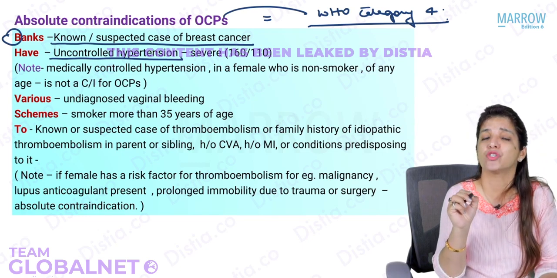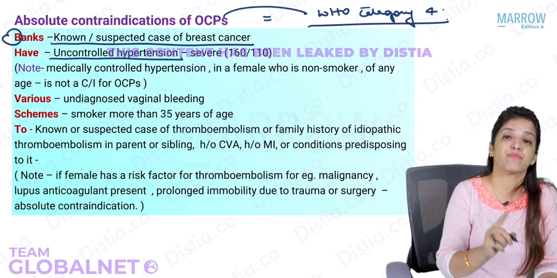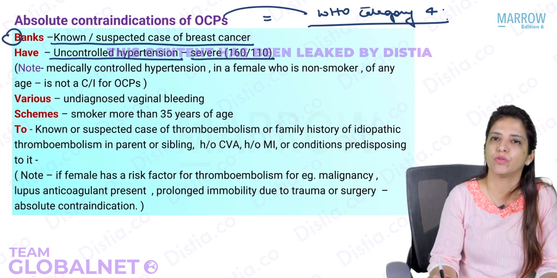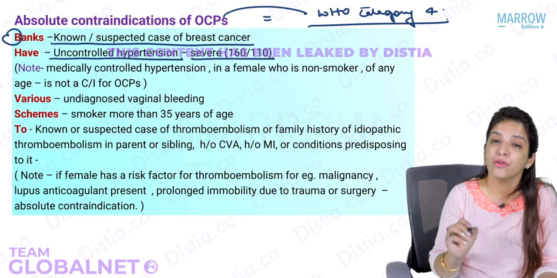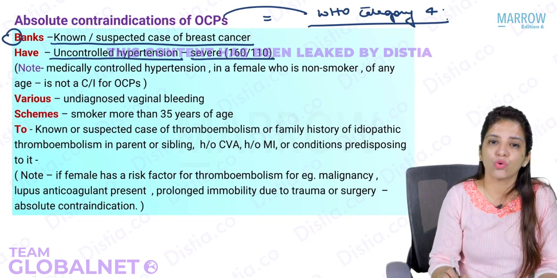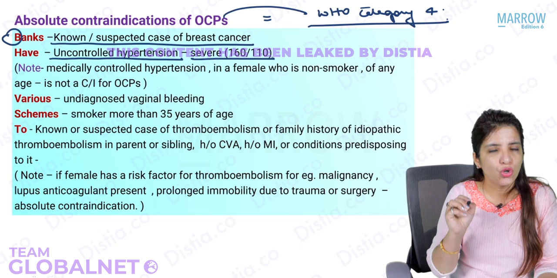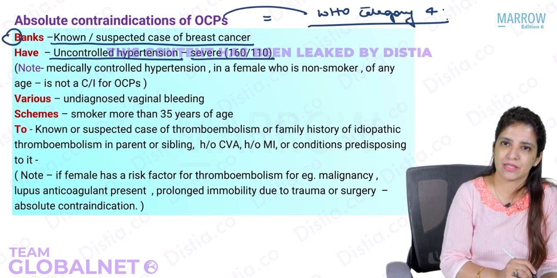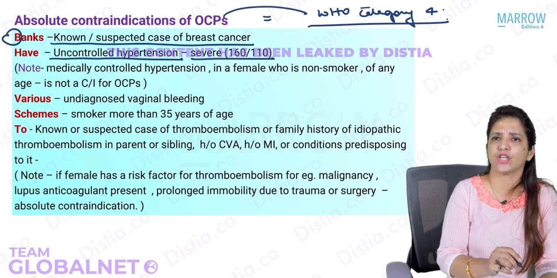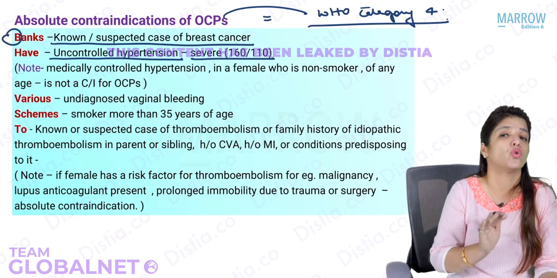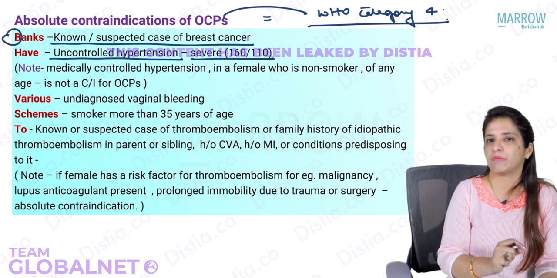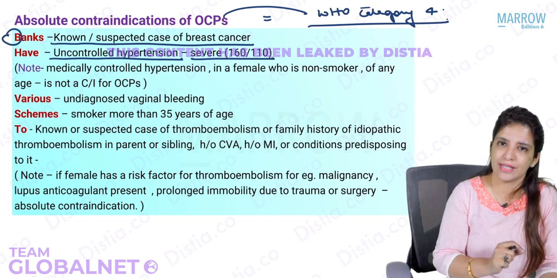Uncontrolled hypertension, which is severe, is an absolute contraindication. Severe means BP greater than or equal to 160 by 110. Remember, medically controlled hypertension is not a contraindication for use of oral combined pills. So medically controlled, mild hypertension is not a contraindication. It's uncontrolled severe hypertension which is a contraindication.